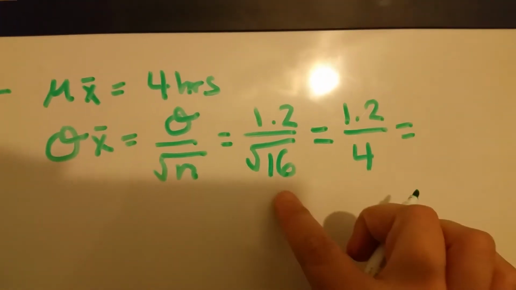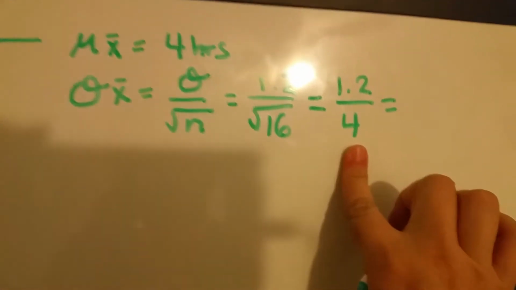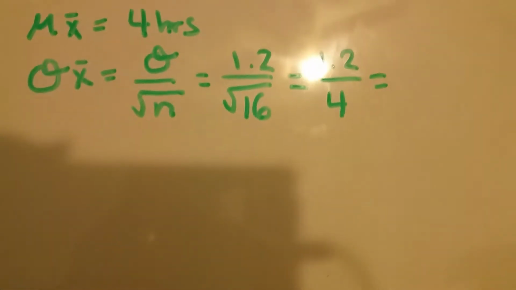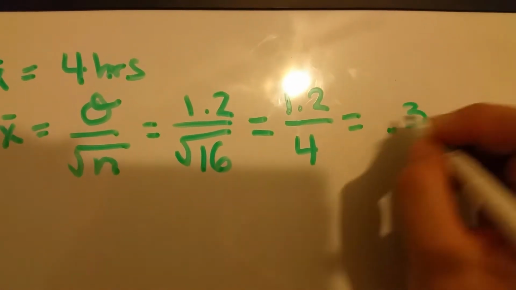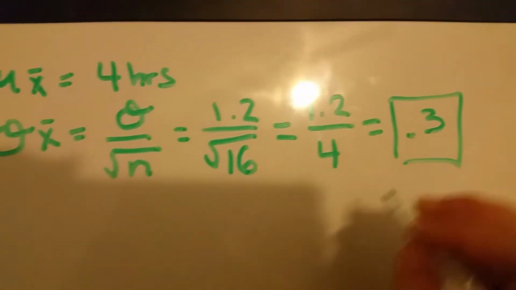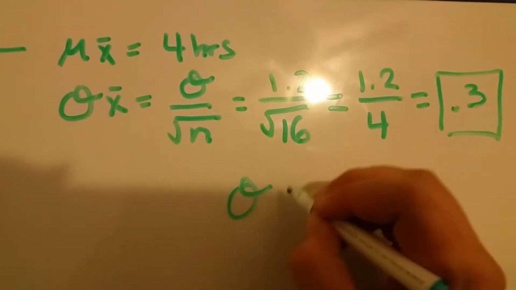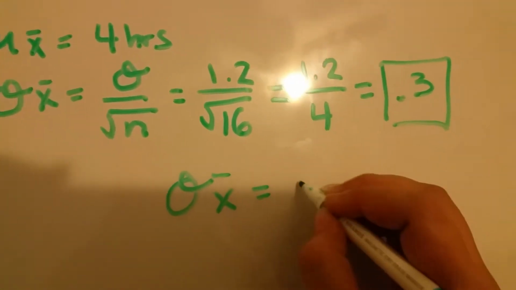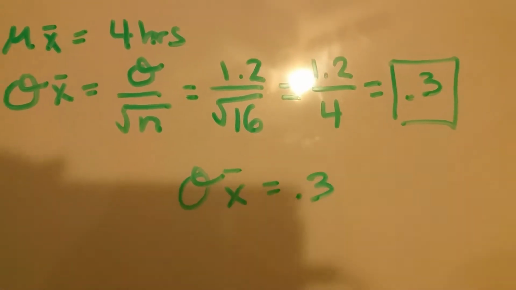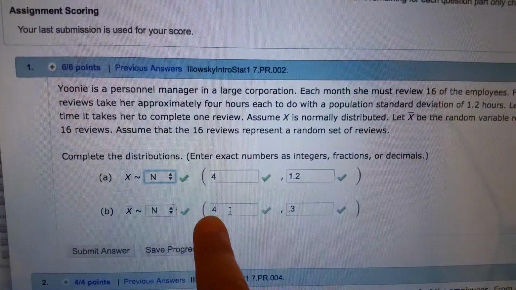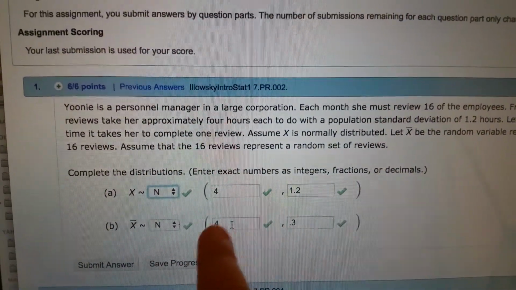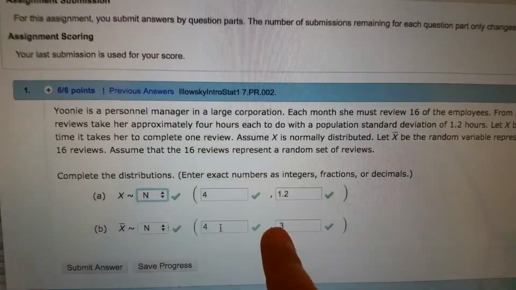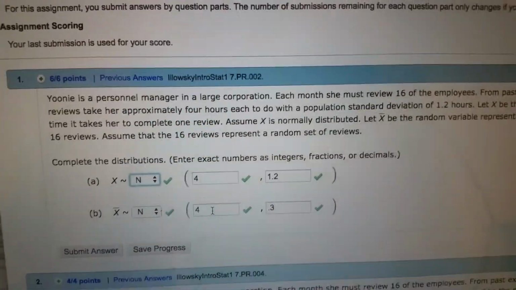Okay, because the square root of 16 would be 4, and then we divide 1.2 by 4, and we're going to get 0.3. Okay, so in other words, the standard deviation of the sample is 0.3. So when we fill that in, we've got the mean of x bar is 4, which is the mean of the sample, and the standard deviation of the sample is 0.3.